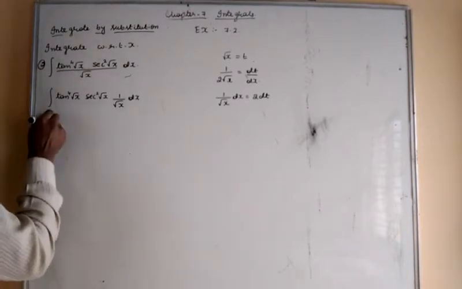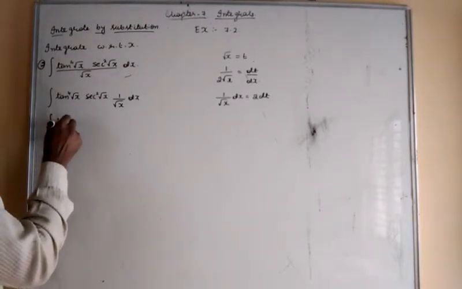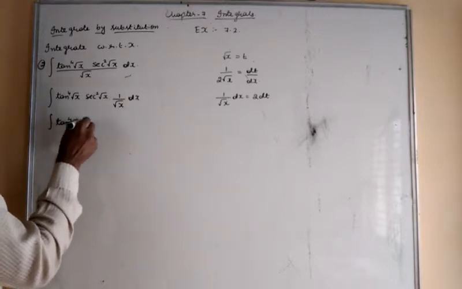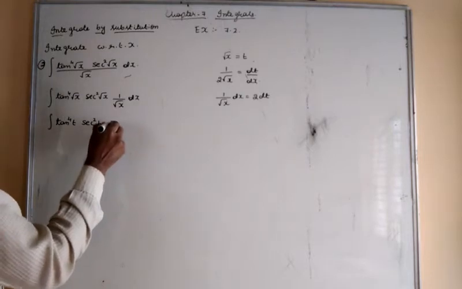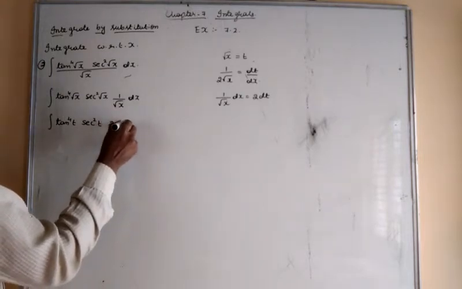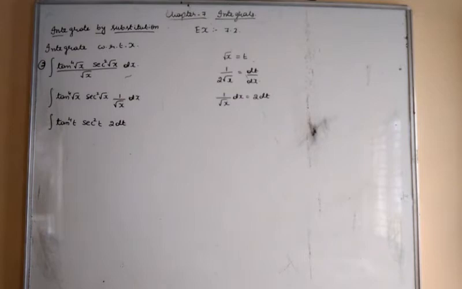So in the place of 1 by root x dx we can substitute 2 dt, and in the place of root x we can substitute t. Tan to the power of 4 t, secant square t, then 2 dt. We can solve directly if possible, or we can go for the substitution method.